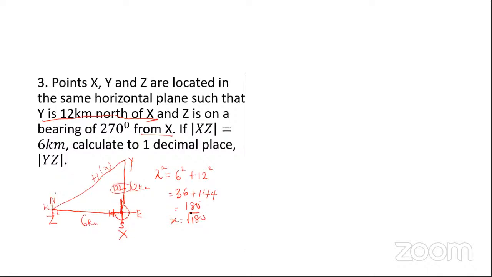Using your calculator, that gives 13.416. They said approximate to 1 decimal place, so x will be equal to 13.4 kilometers. So that's the solution to that.